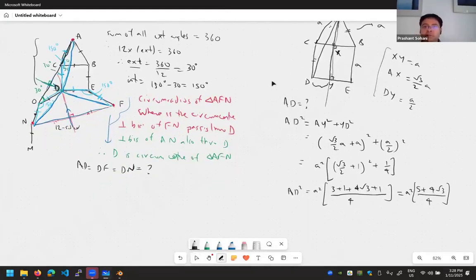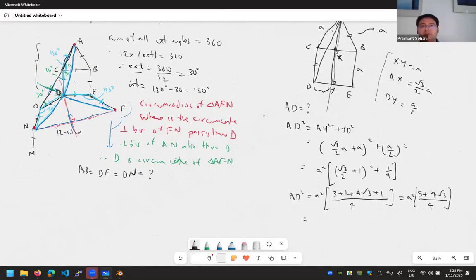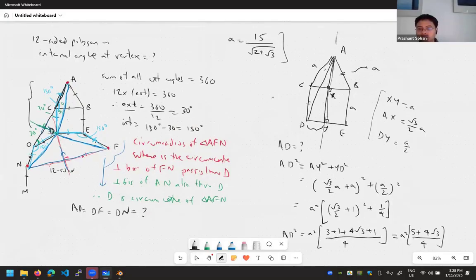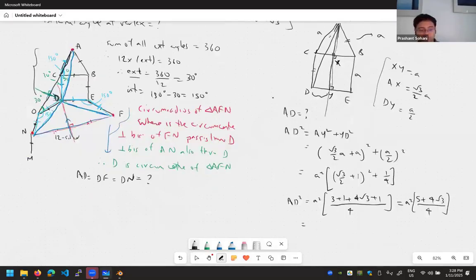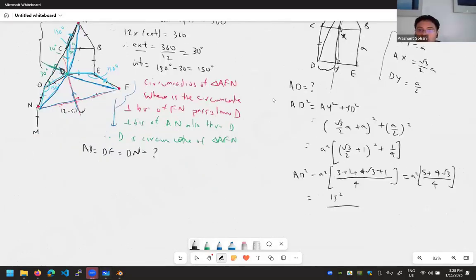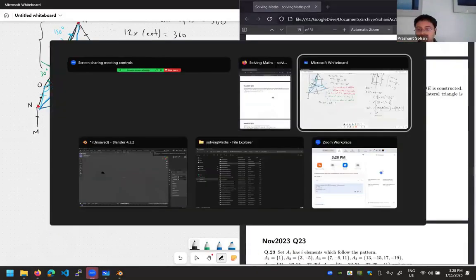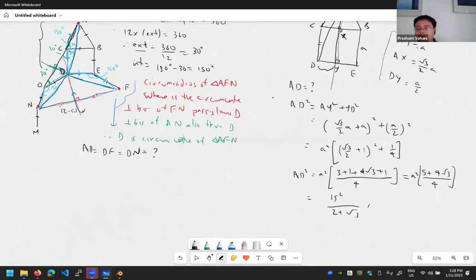And so now I'll substitute the value of A. So A is how much? 15 upon this one. So therefore square of that. So 15 square upon 2 plus root 3 into this. Oh wait, I think I made a mistake here.